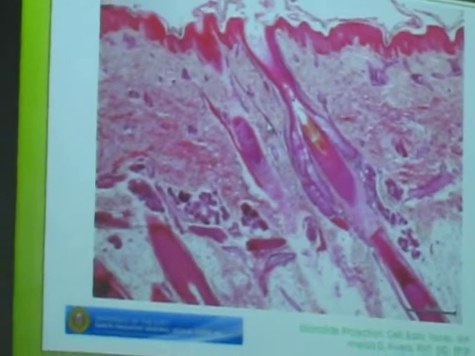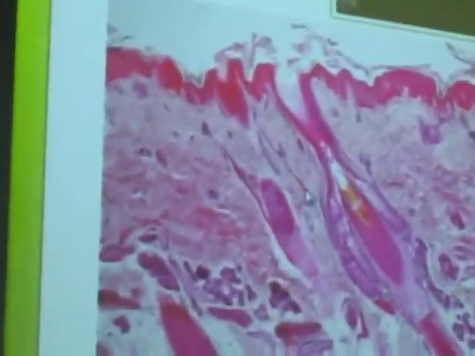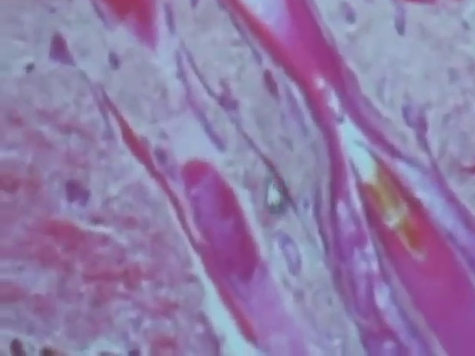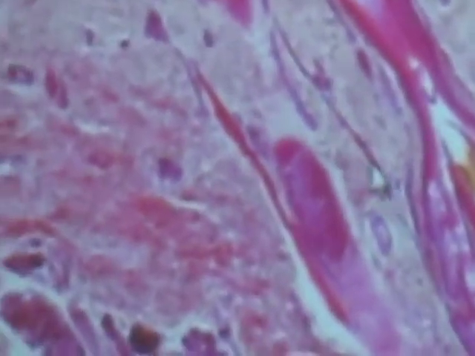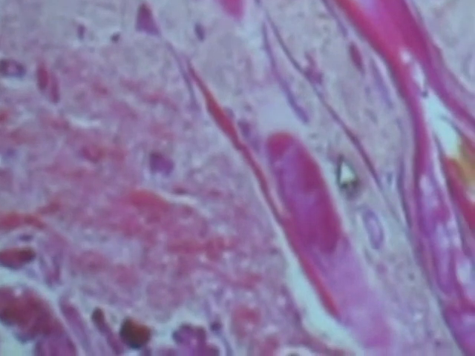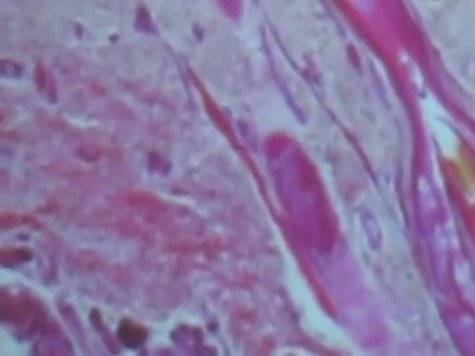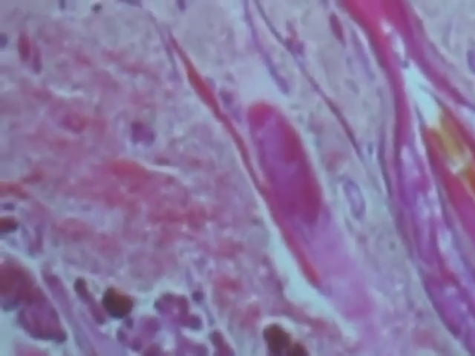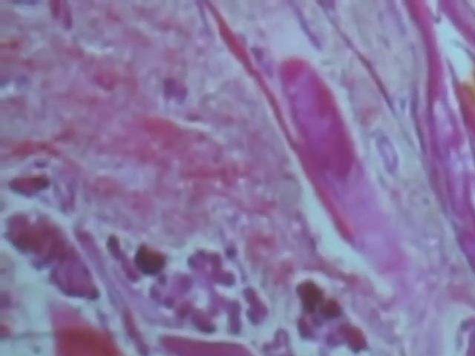Identify pointed structure. Ano tawag natin yan? Erector pili. Or this one, this is also that structure, the same. Identify pointed structure. Erector pili.